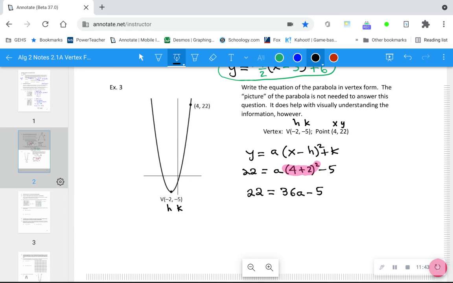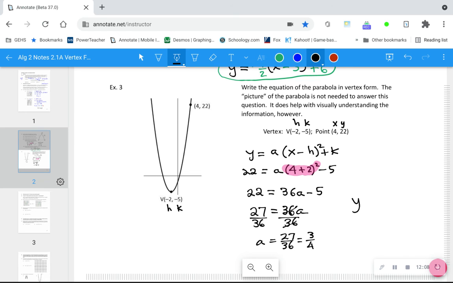We'll add 5 to both sides, and divide by 36 here. So now you know a is equal to 27 over 36. And you can simplify this fraction by dividing top and bottom by 9, and you get 3/4.